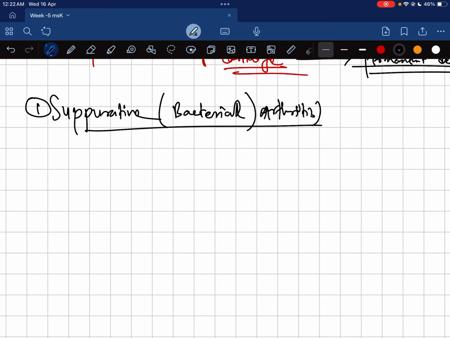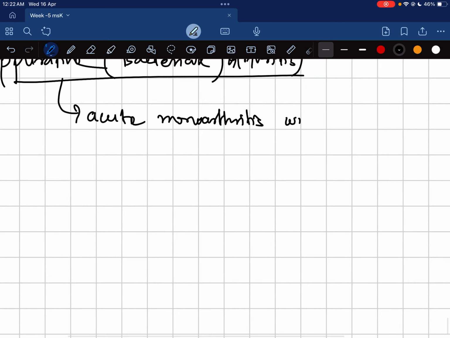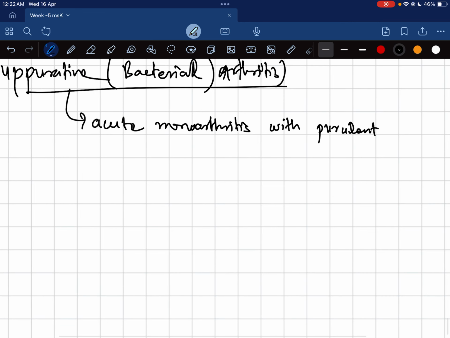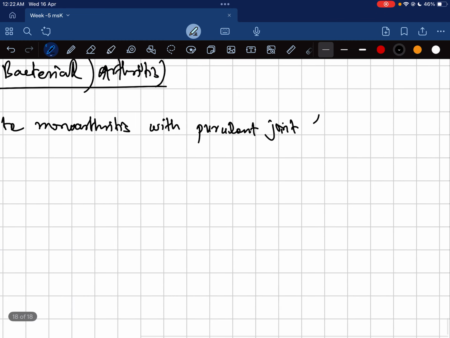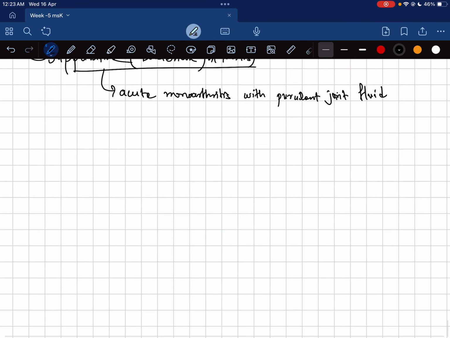In suppurative bacterial arthritis, there is acute monoarthritis with purulent joint fluid. There are some causative agents, and they are divided into groups.